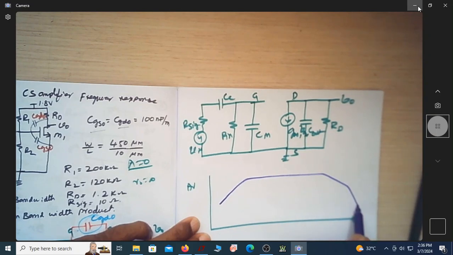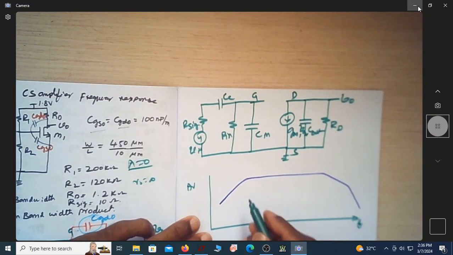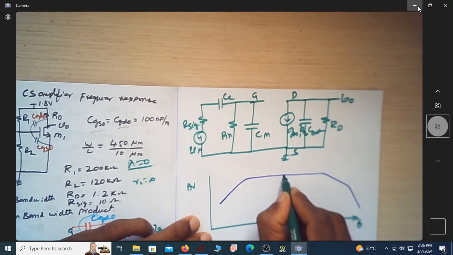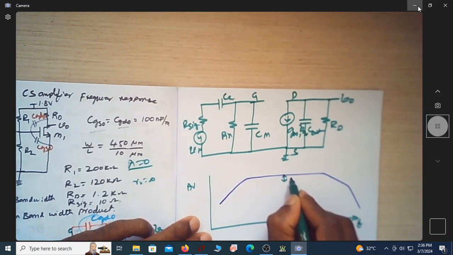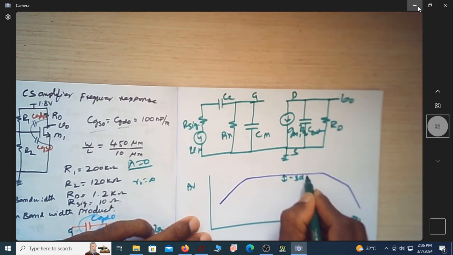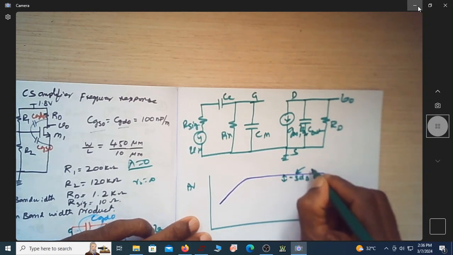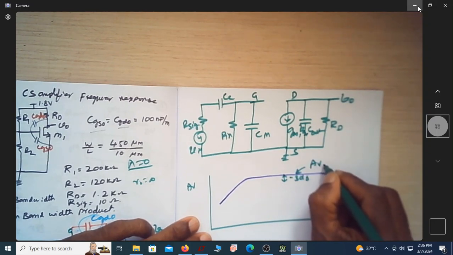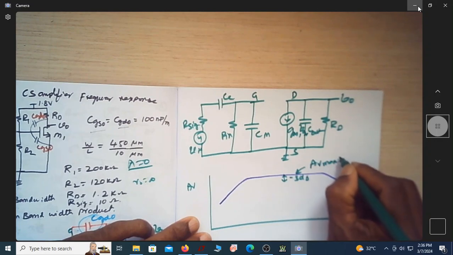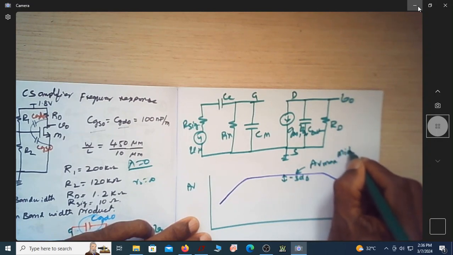See here, now you come down 3 dB from here. This is minus 3 dB down from AV max. AV max, that is the mid band gain.